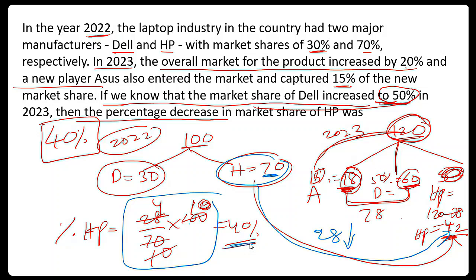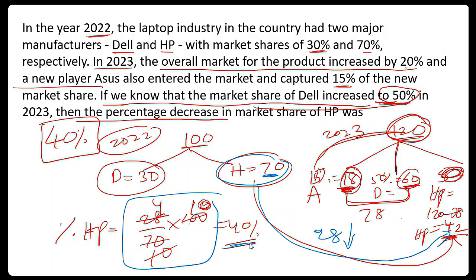Is this clear? You agree with me? I think Yogeshwar Rao, Sai, Kinshuk, Venkat Sai, and some more people got 40%. Yes, I think Vivek also got 40. Three people got 40%. Even I got 40, and I believe that this is the correct answer.